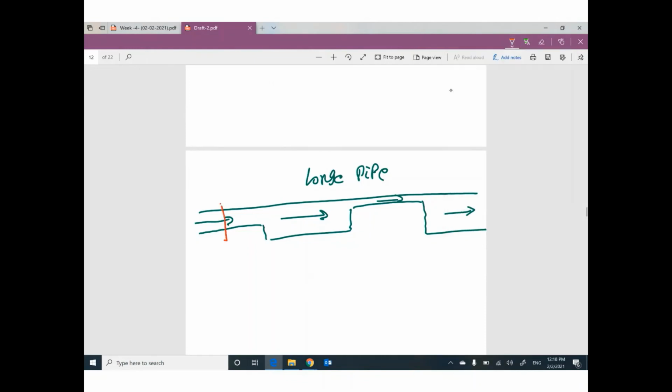The discharge at this location will be area times V. The discharge at another location, another area times another V. Because you are talking about one pipe, these values will be equal. Area 1 times V1 equals area 2 times V2 equals area 3 times V3 equals area 4 times V4.